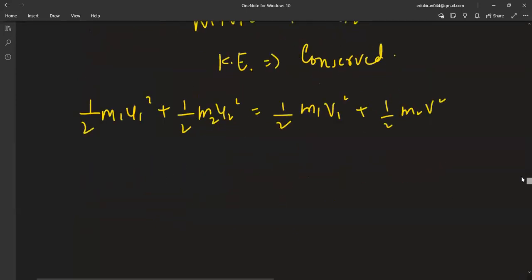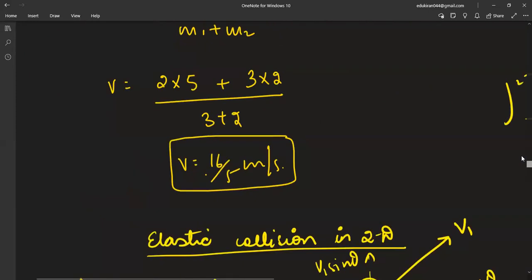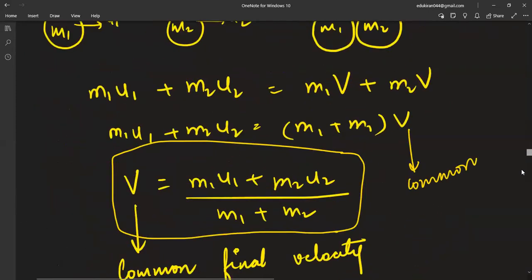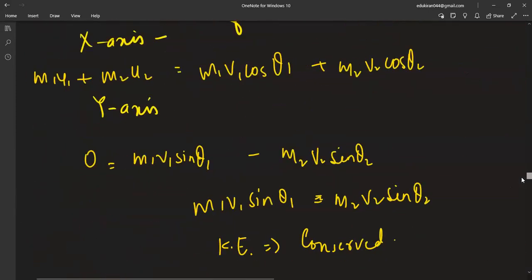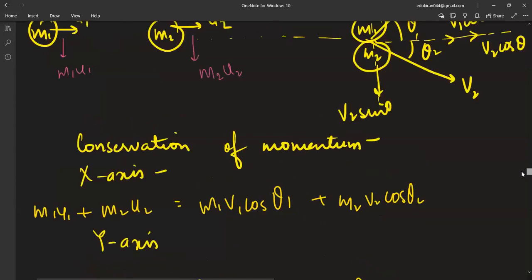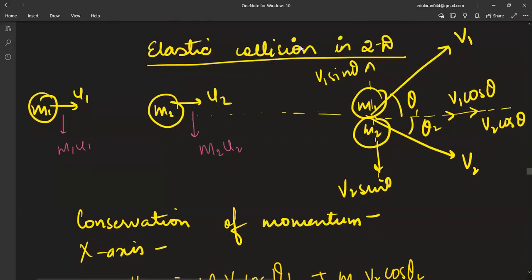Just an addition to whatever you studied before, same thing. You will just have the y-axis equation separate and the x-axis equation separate. Note it down. We'll start with center of mass then, that is your rotational motion, the next lesson.